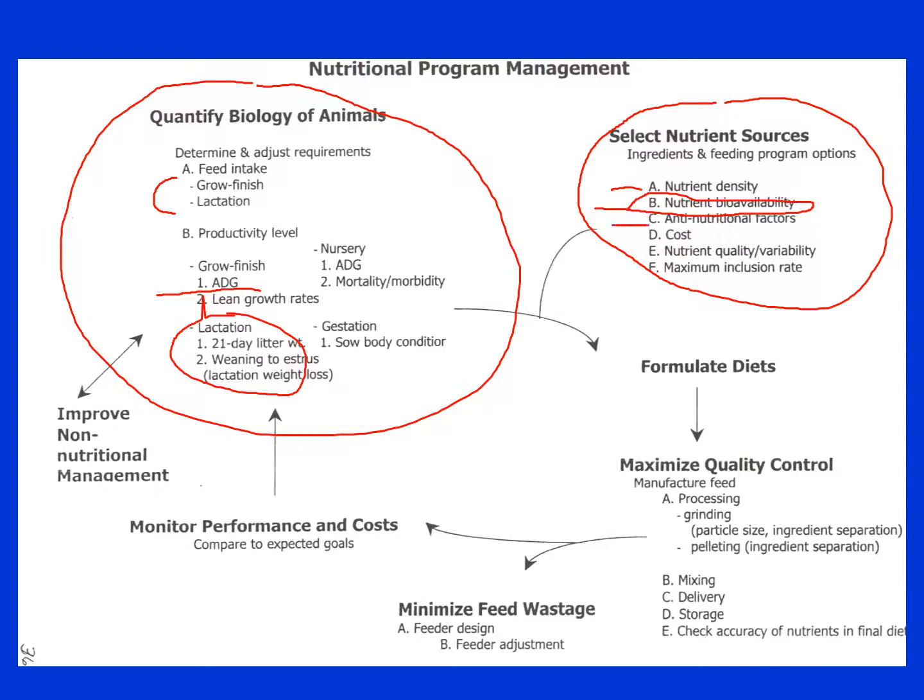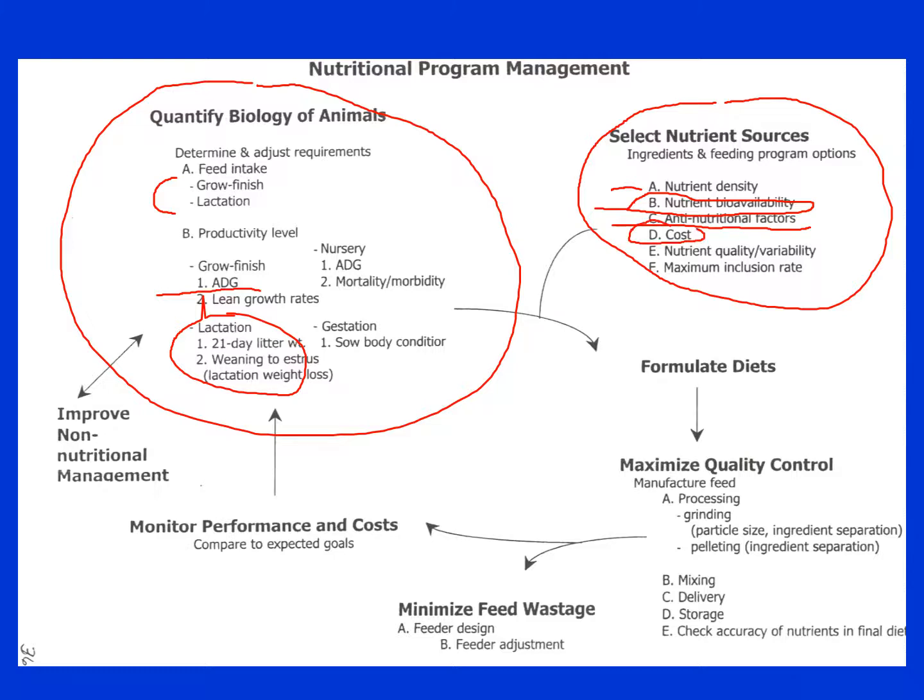Are there any anti-nutritional factors? For example, in soybeans, raw soybeans will contain a substance known as trypsin inhibitor. It prevents the animals from synthesizing the amino acid trypsin. So we generally have to cook those soybeans first.